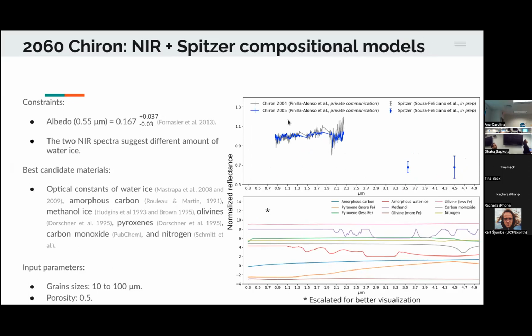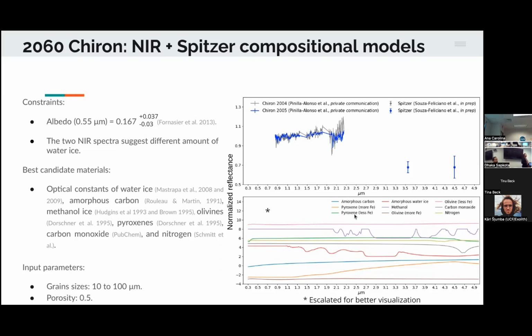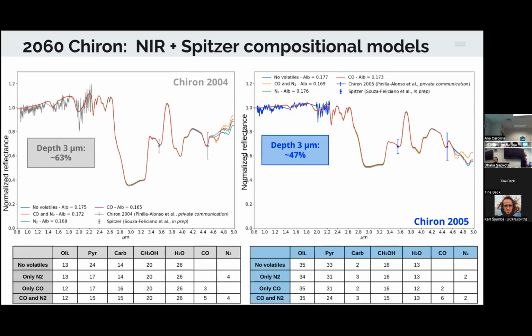So we decided to model both spectra to see how this difference could reflect in the compositional models. We used silicates such as olivine and pyroxenes. We used amorphous carbon. We used water ice, and due to the shape here, we put methanol to see how it could fix the feature.